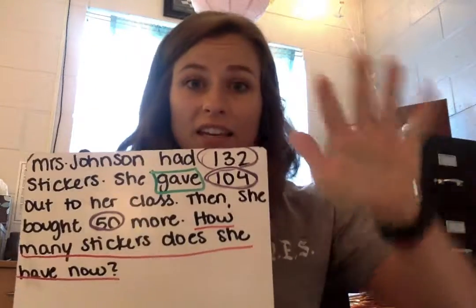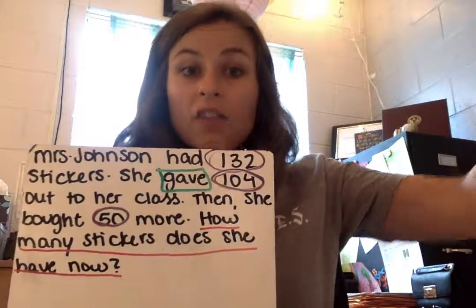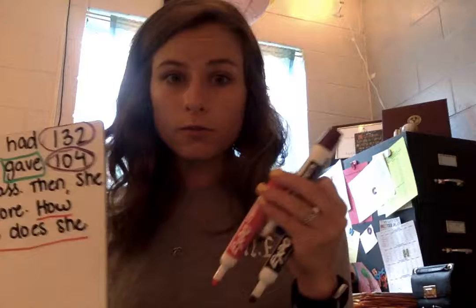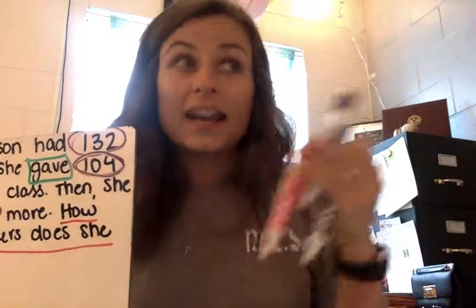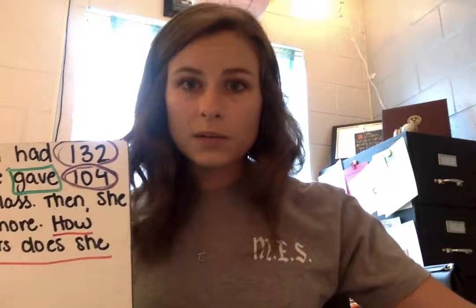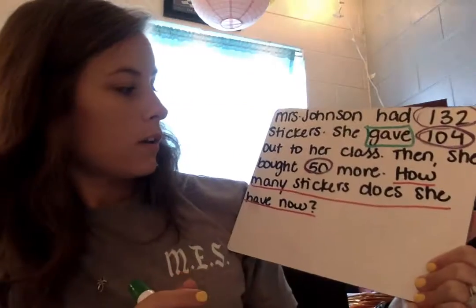If you are giving something, like if you have something and you start giving some away, that's going to tell you to subtract, right? Like if I have 4 markers, 1, 2, 3, 4, and I give some to Miss Hammonds, I'm subtracting what I have, right? I'm giving it away. Okay? So that was one. Hopefully you got that one.